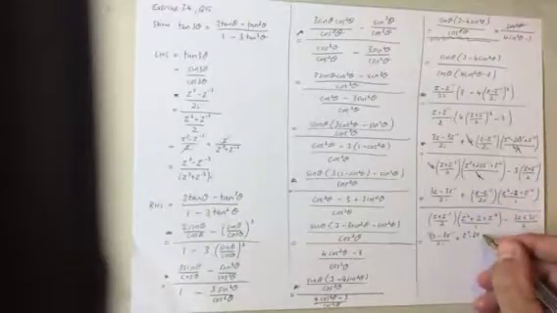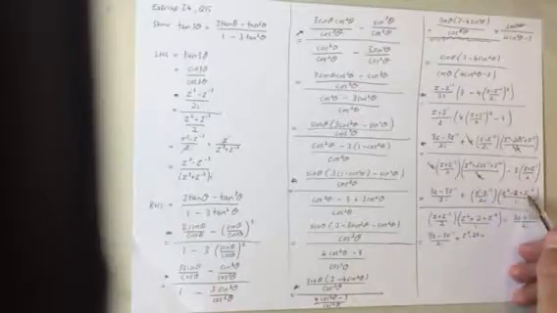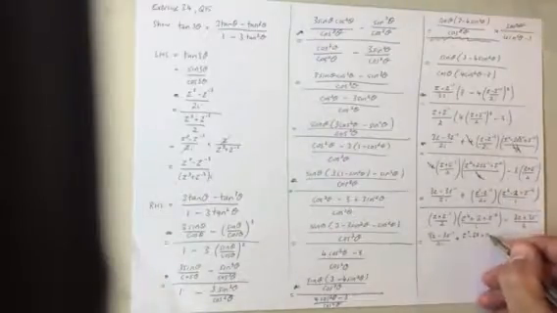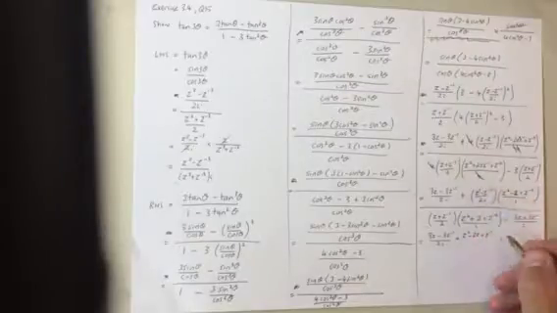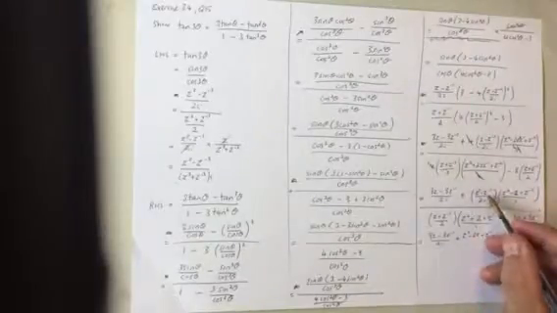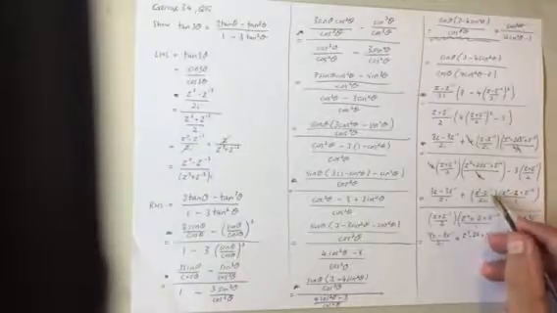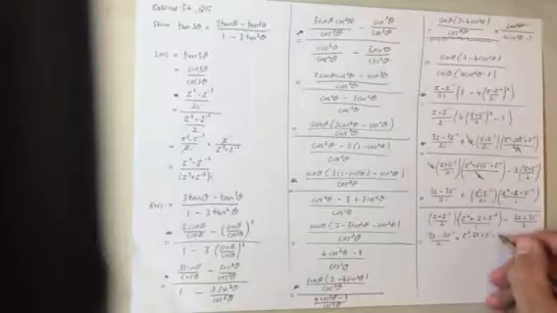Alright, so therefore that's going to be plus, now z to the power of 1 times z to the power of -2. Okay, 1 plus -2 is -1, so that's going to simplify to z to the power of -1. And then we are subtracting z to the power of -1 times z to the power of 2. Alright, so -1 plus 2 will give us z to the power of 1.